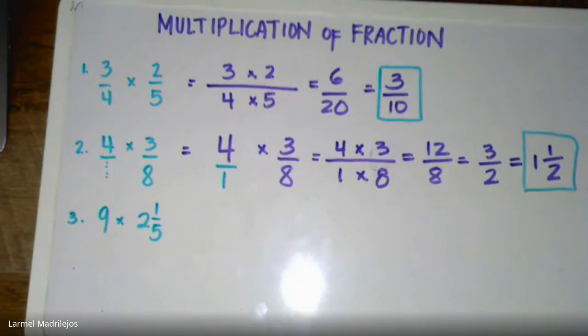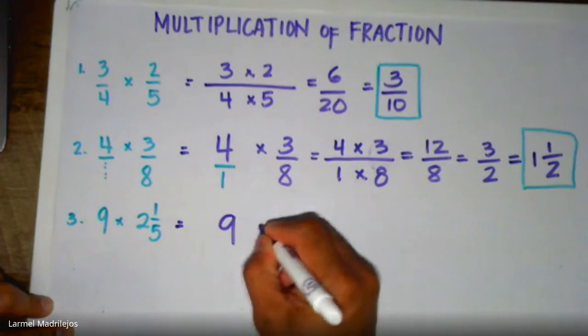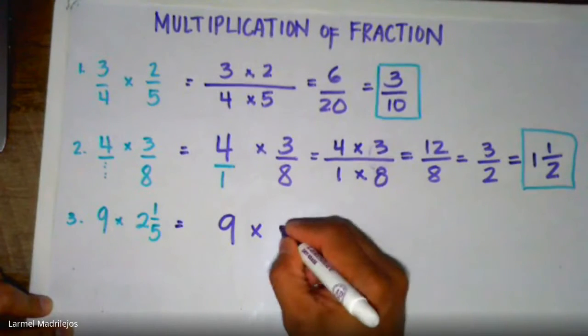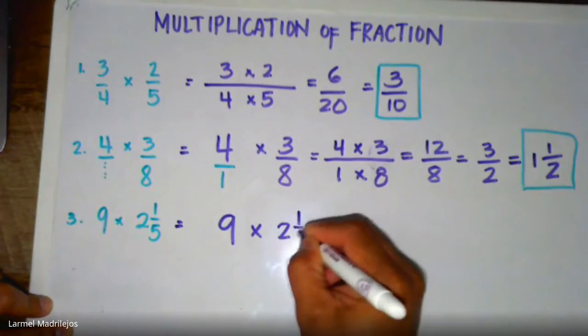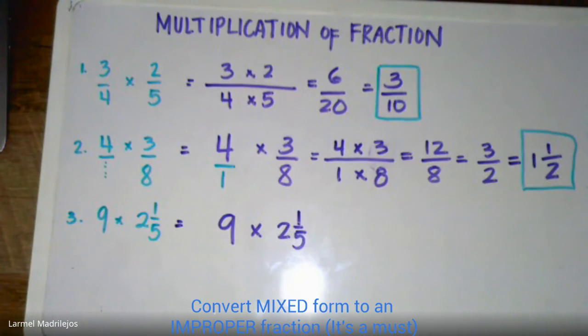The next question here is a whole number multiplied by a mixed form. Looks hard, but it's not really. So let's do the basic.